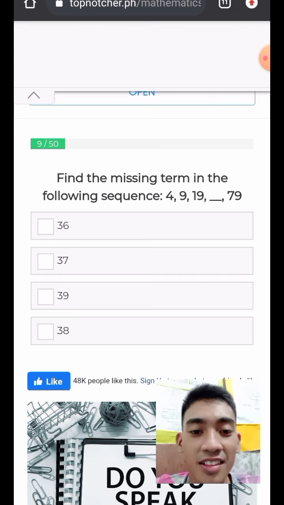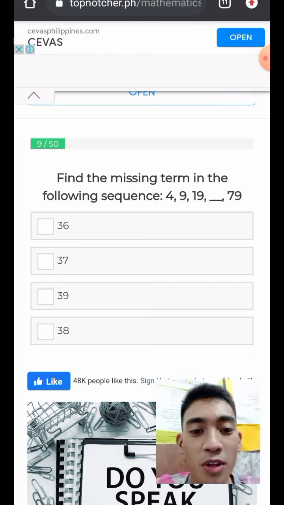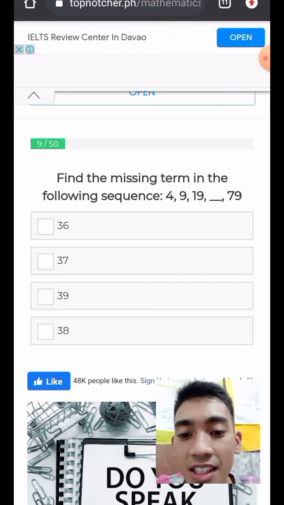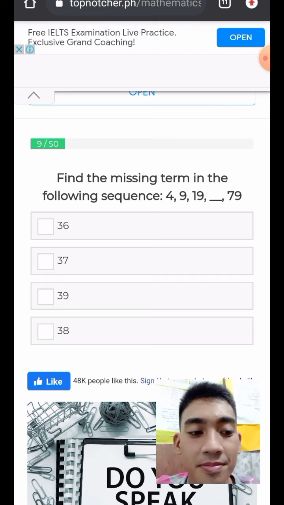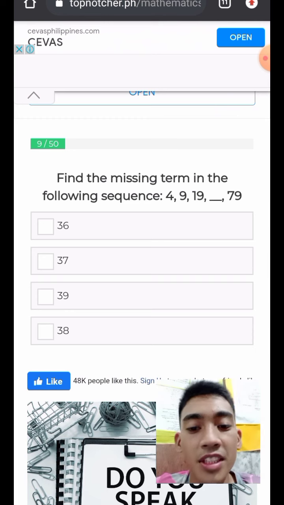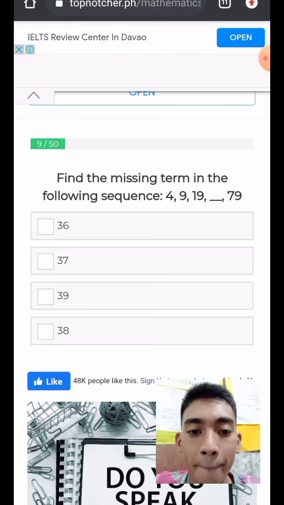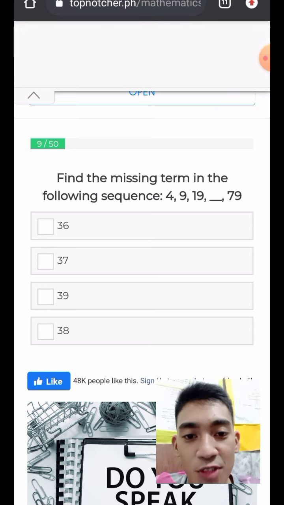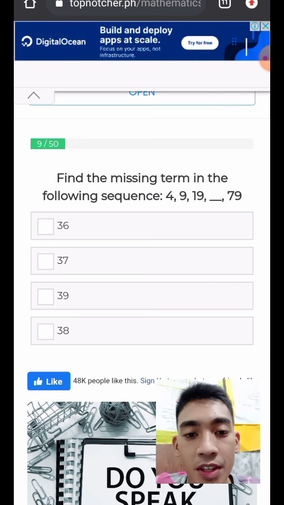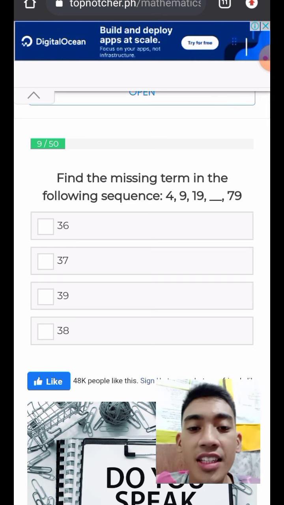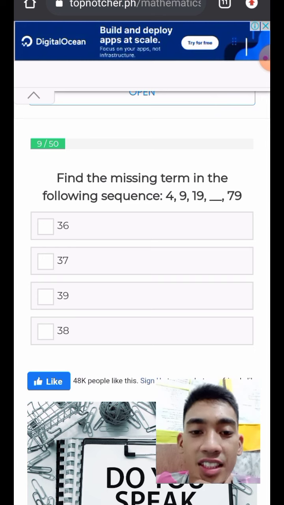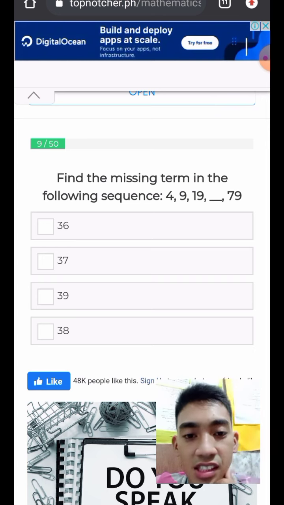So 5, 10, it should be also 15. So 15 plus 19 will give us 34, right?